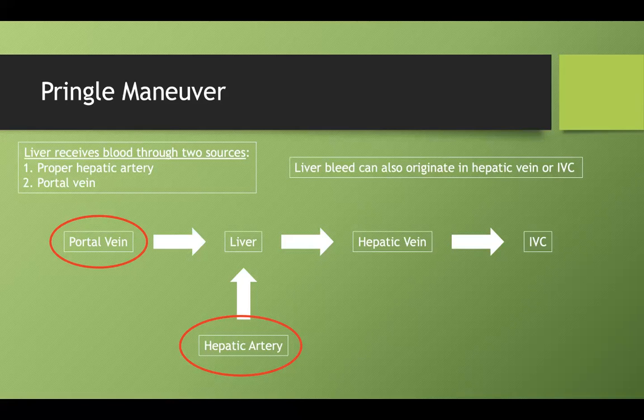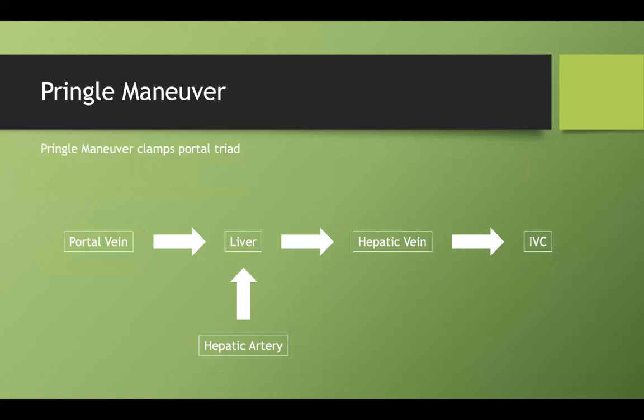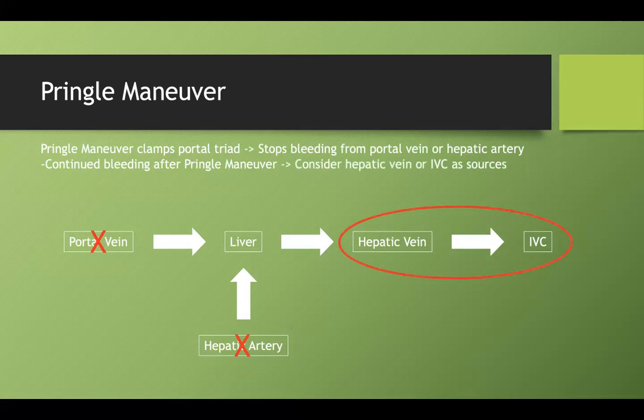It could actually be originating more distally in the hepatic vein or the IVC. What the Pringle maneuver will do is block flow to the portal vein and hepatic artery. If you notice that there's still continued bleeding after using the Pringle maneuver, that might make you consider the hepatic vein or the IVC as sources instead.